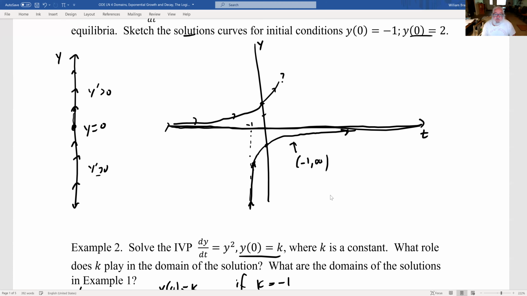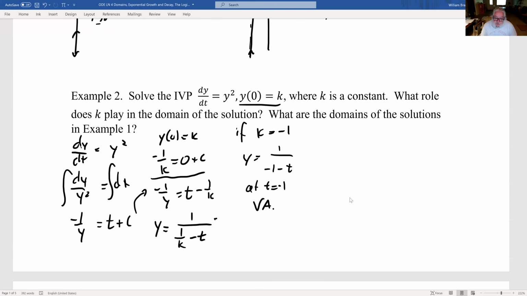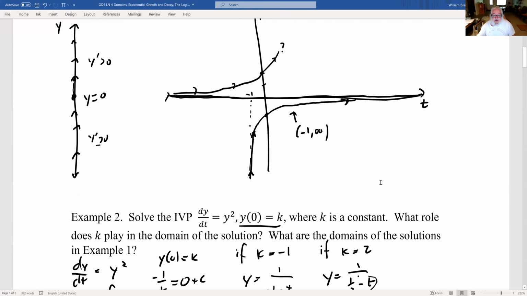What about this curve, y of 0 equals 2? If k equals 2, we get y equals 1 over 1/2 minus t. At t equals 1/2 you have a vertical asymptote, because that's going to make the denominator equal to 0.